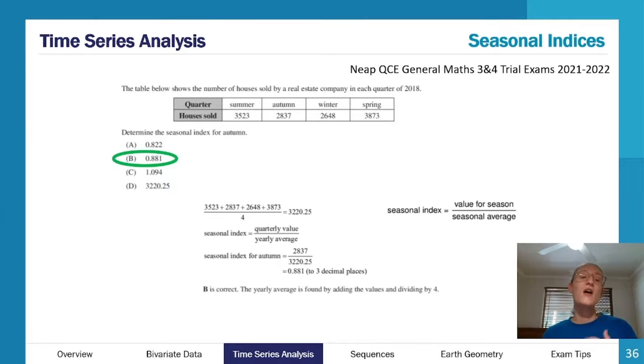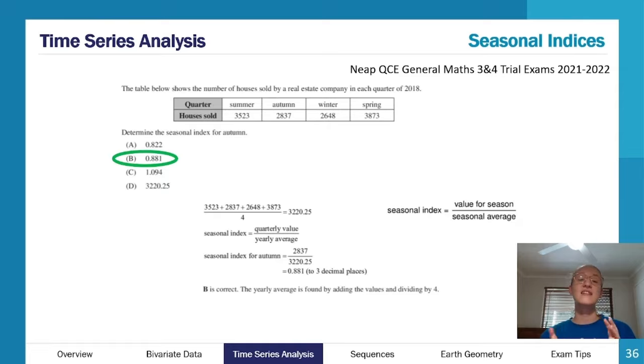And then to interpret that, or just to round a little bit to make things easier, our seasonal index is roughly 0.88. Interpreting that based off the information that we've been looking at before, I can now say, having done this, that houses sold in autumn on average is about 12% below average, because again, average is 1, and we've got about 0.88 as our seasonal index for autumn.